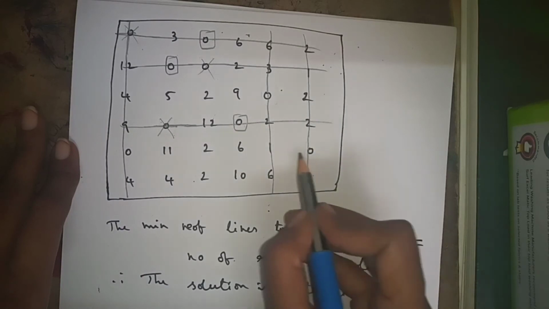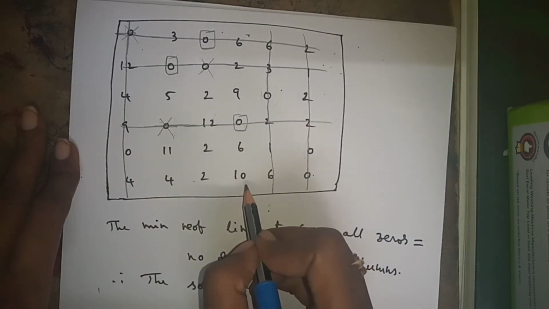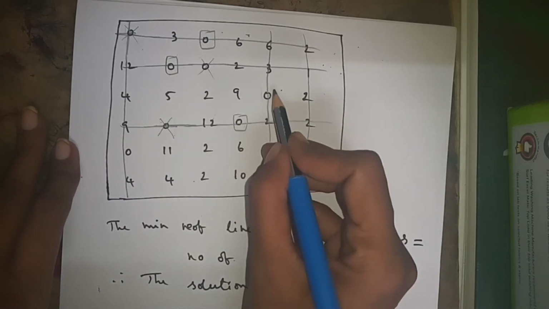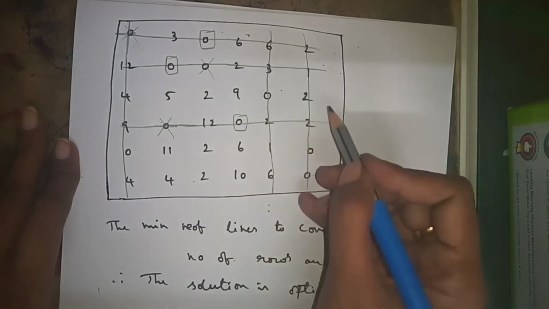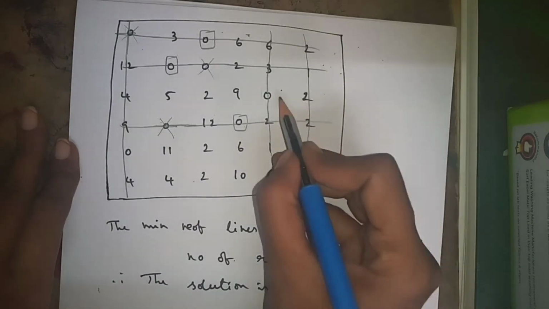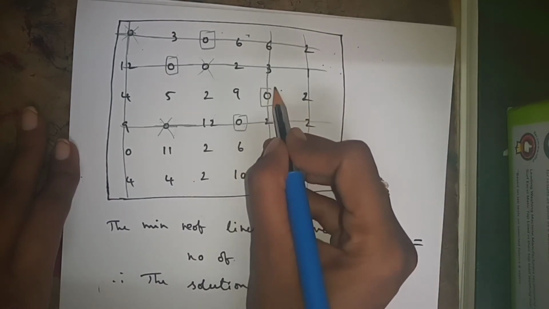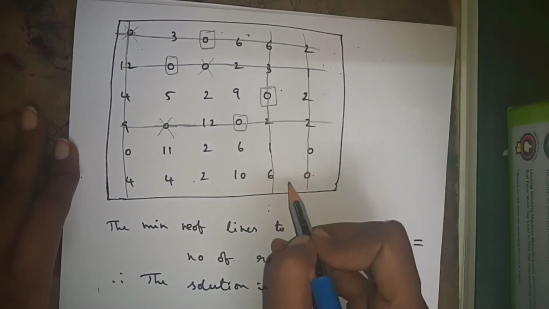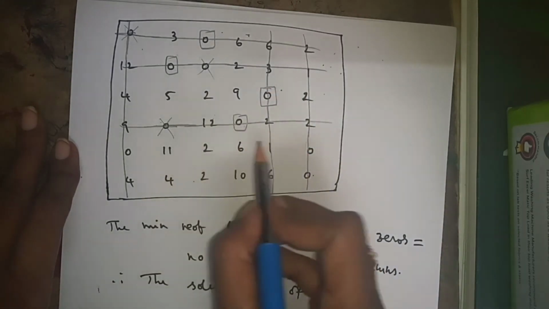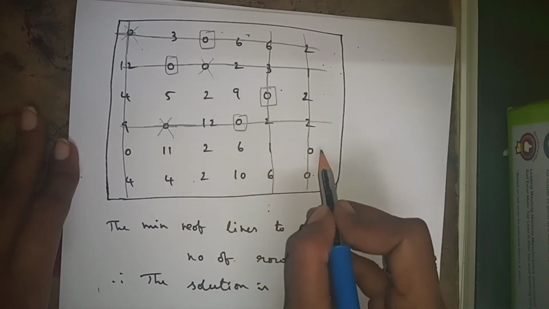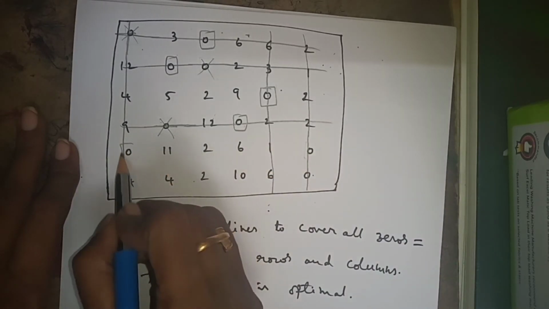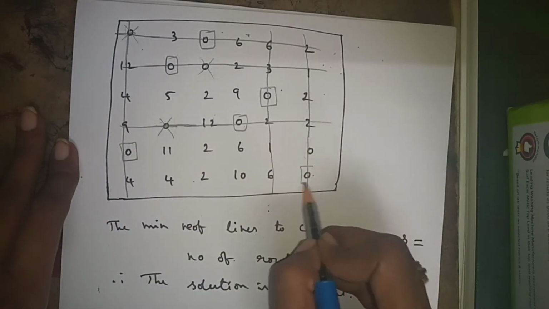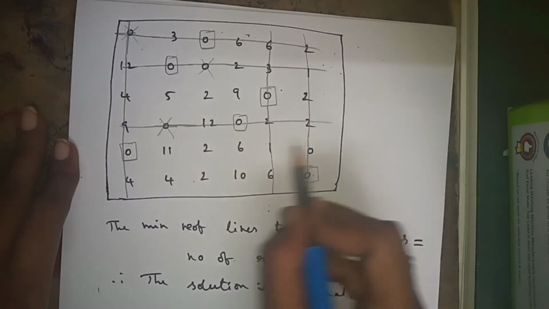Now the next one is, we have to draw boxes in such a way that there should be only one box. Here already one box is there.